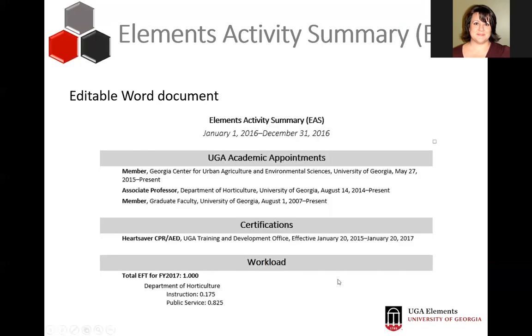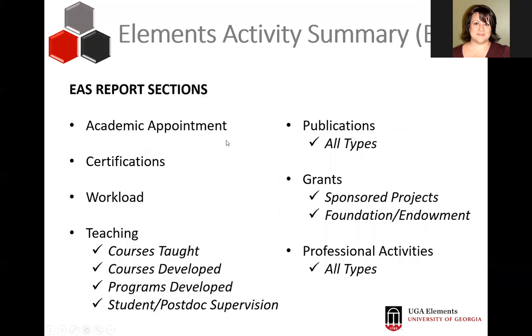And this is what the top of it looks like. There's different sections in there. So it has the things that come in automatically, and I'll show you how to fix things that are wrong, but your academic appointment, your certifications you fill out yourself, workload comes in automatically.